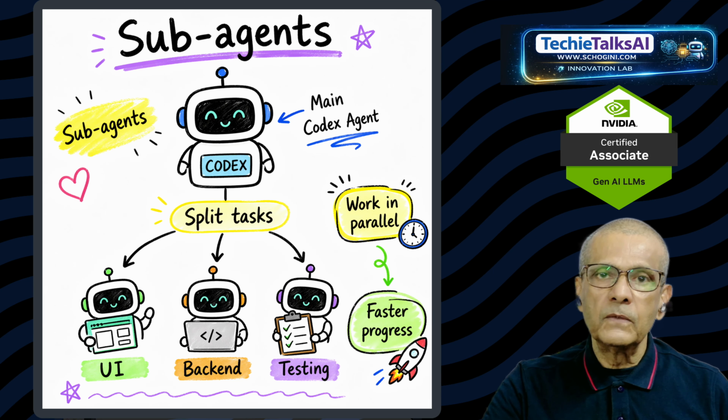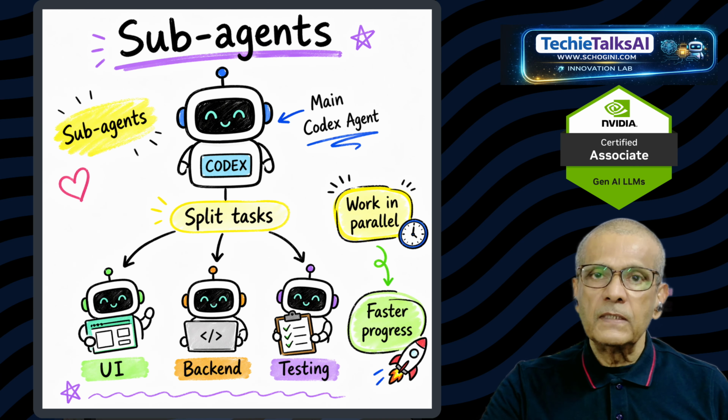Instead of one AI doing everything in a single flow, Codex can use smaller specialized agents for different tasks. For example, one sub-agent builds the UI, one sub-agent writes API logic, one sub-agent checks bugs, one sub-agent writes tests, one sub-agent reviews security. This makes the work faster and more organized.